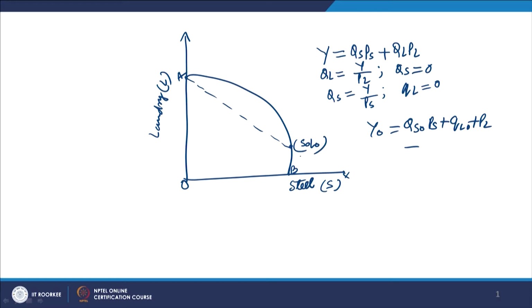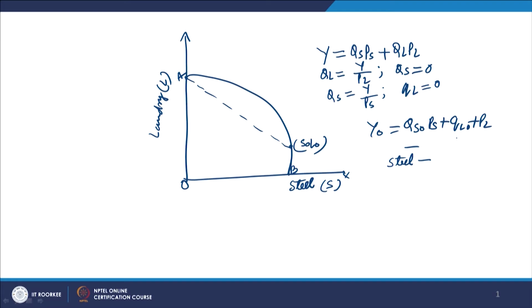So, this is one combination where this line is touching this. But here, the externality is not internalized because both parties are making individual decisions. The steel mill is producing without considering the harm to the laundry.